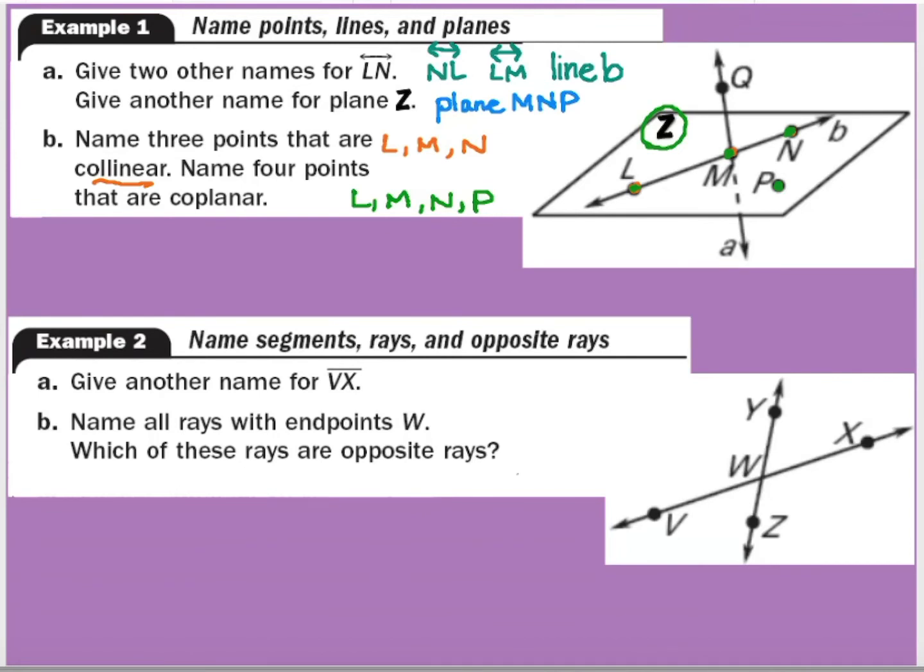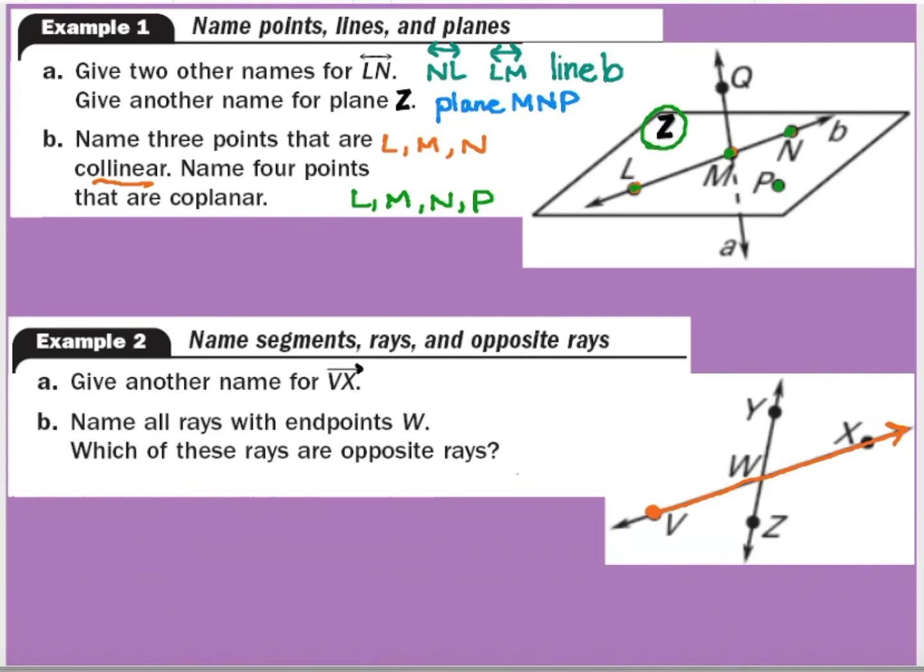On the next one, give another name for ray VX. And for some reason that didn't show up very well, but that should say ray VX. And so if we were going from V towards X, this one's a little tricky. From V towards X, we'd be talking about that ray. Now remember, I can't switch the order because the V has to come first.